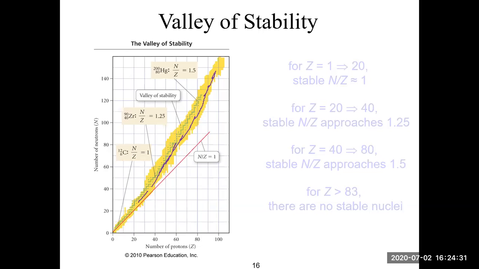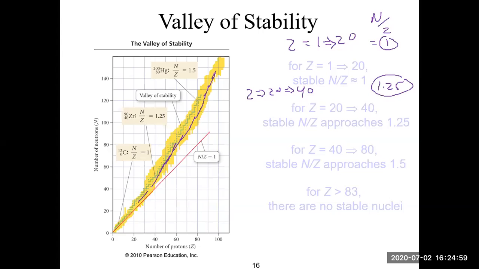And it's basically the N to Z ratio. What it says is if you have an atomic number that goes from 1 to 20, an acceptable N to Z ratio is 1. If you have an atomic number that goes from 20 to 40, the acceptable ratio is 1.25.